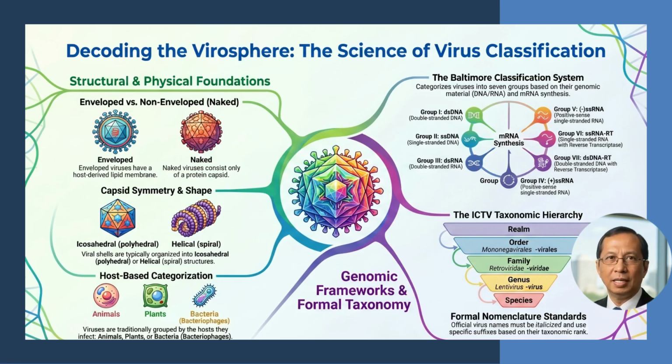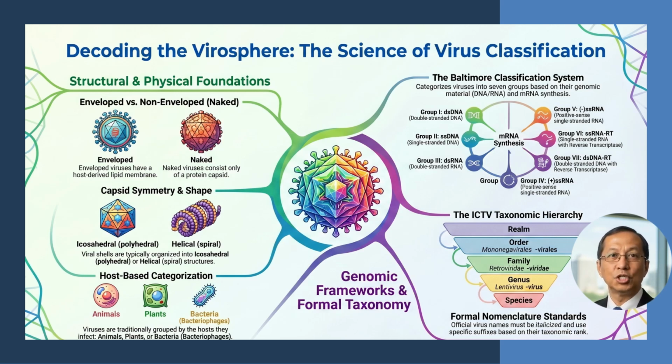In summary, decoding the virosphere involves understanding the intricate science of virus classification. We've covered the structural and physical foundations, including enveloped versus naked virions, capsid symmetry and shape, and host-based categorization.